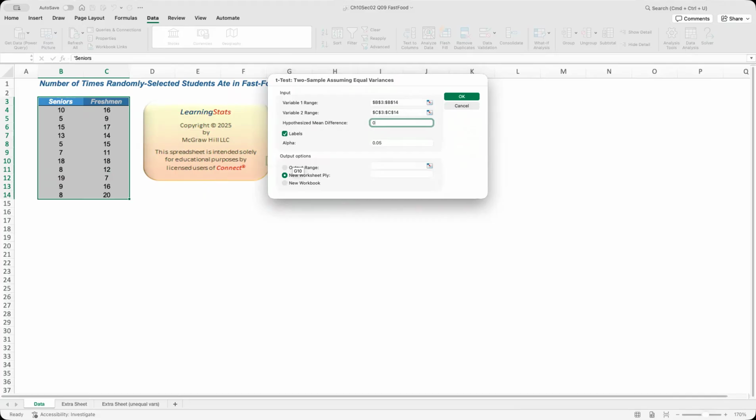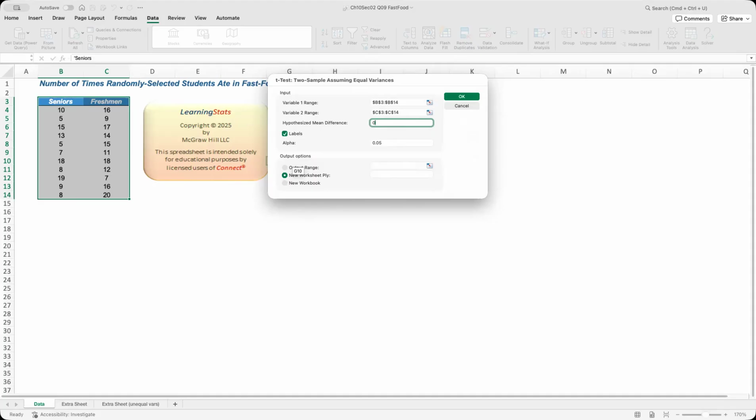But wait a minute. In the question, what did they ask? Can I conclude that the mean is significantly smaller for seniors? Seniors was my population 1. So the hypothesis I'm doing is that mean 1 is less than mean 2. That's my alternate hypothesis.